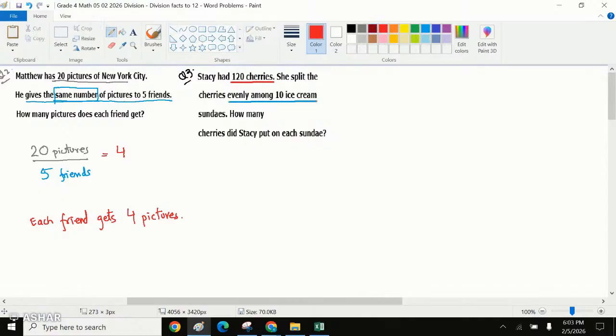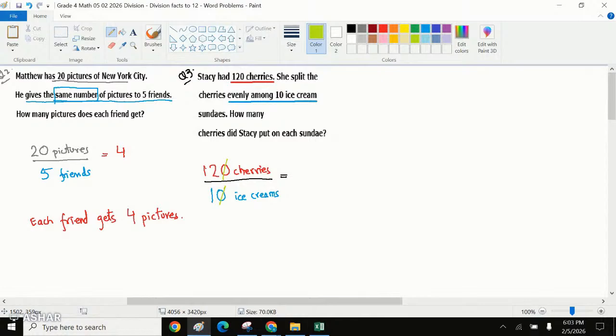So we can say 120 total cherries when divided equally into 10 ice creams. We also know that while dividing numbers which have common zeros, we can cancel out the zeros also.